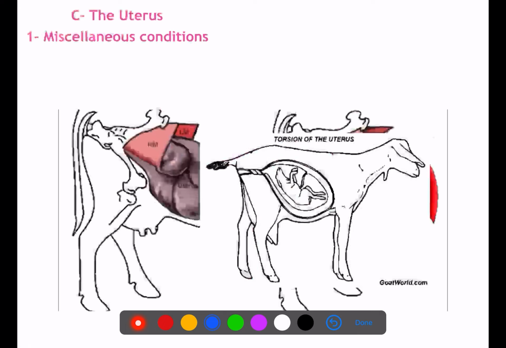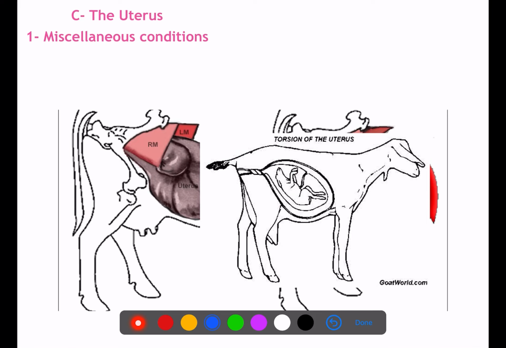Third part: we took the first part, which is the ovary, and the second part, which is the fallopian tube. We now reach the third part of the female genital system, which is the important part, the uterus.